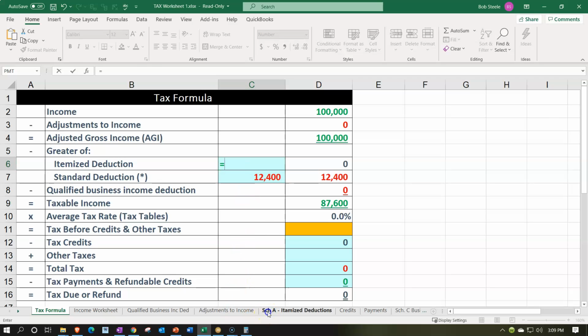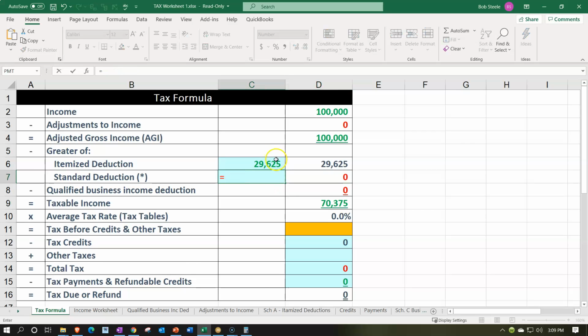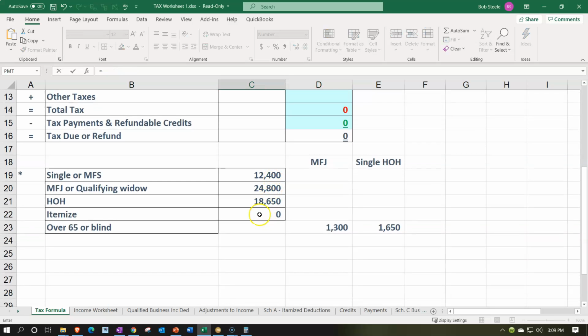So if I go back to the itemized deductions, I'm pulling this line over, and then here I'm using an if-then formula, which basically says take the one that's larger. I won't go over the formula now, but we're taking the bigger one here. Now the standard deduction is married filing joint.